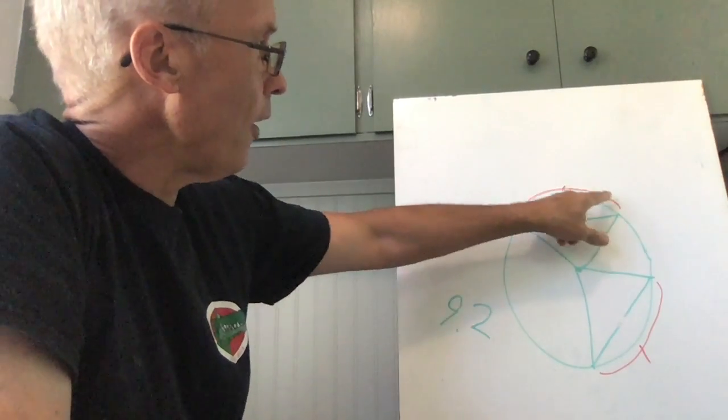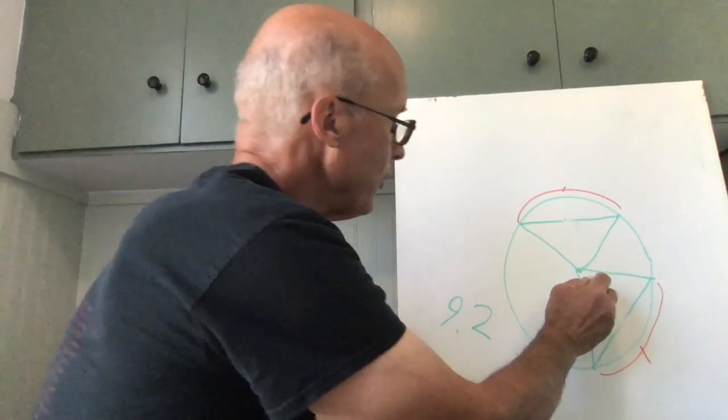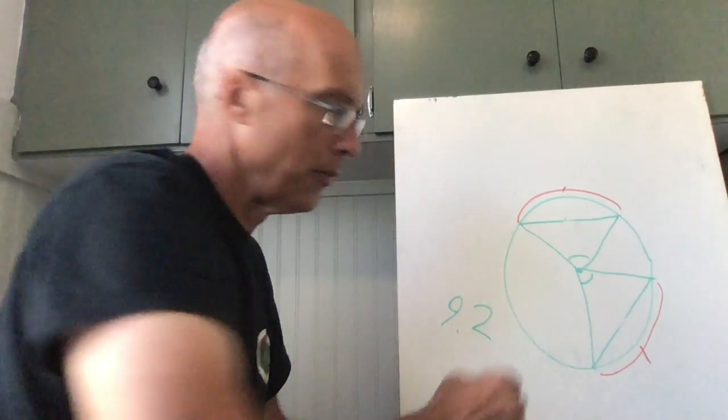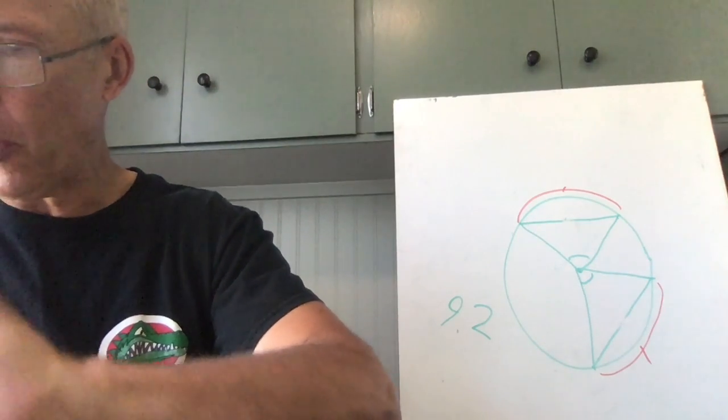So if that arc is the same as that arc, then we know that these two angles are equal, right? What did we learn last section? Is that 9.1? I kind of forgot.